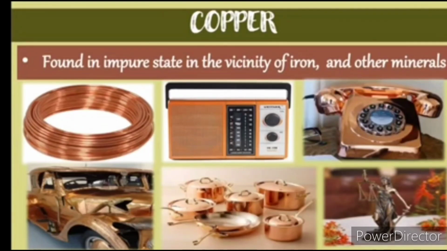The next important mineral is copper. Our day-to-day life uses more and more equipment which requires a good conductor of heat and electricity, in a radio, TV, phone, microphone, vehicles, and for making kitchen utensils.